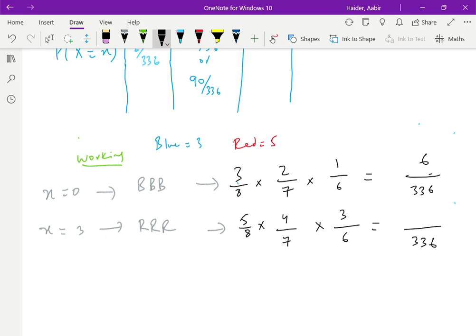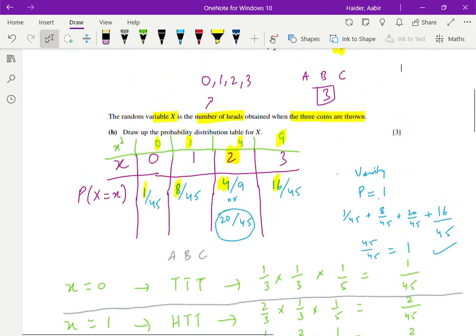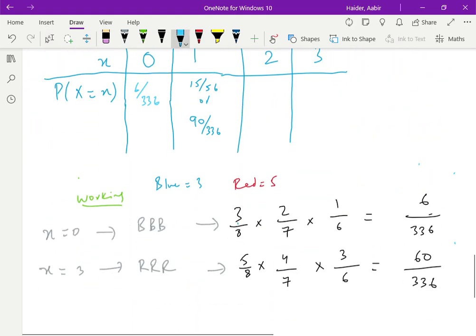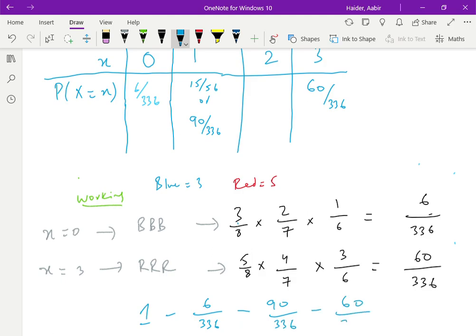5 times 4 is 20, times 3 is 60. So you get your probability for x equals 3, it should be 60 over 336. Okay, now we already know for 2, since we are confident about working, we can use this complement formula: if we subtract the other probabilities from 1, we can find the remaining probability for 2 right here.